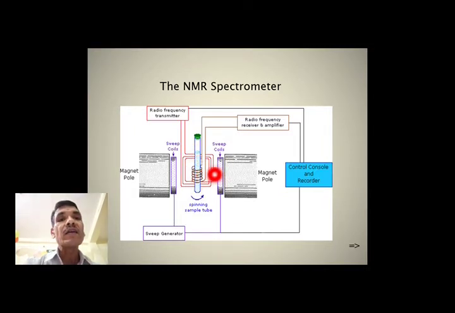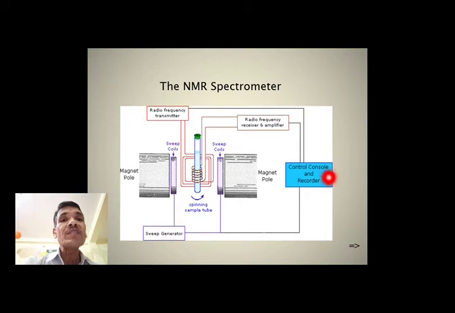A spinning sample tube is kept in between this strong magnetic field, and it is associated with a radio frequency receiver and amplifier, which is attached to a control console, that is a recorder. In simple words, it is a computer.